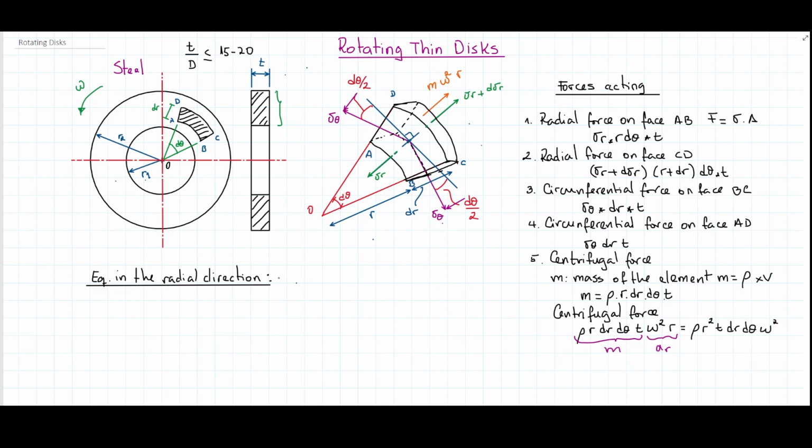So let's try writing it down. What we're going to do is pretty simple. We're going to say that the inward forces are equal to the outward forces. And that's it.